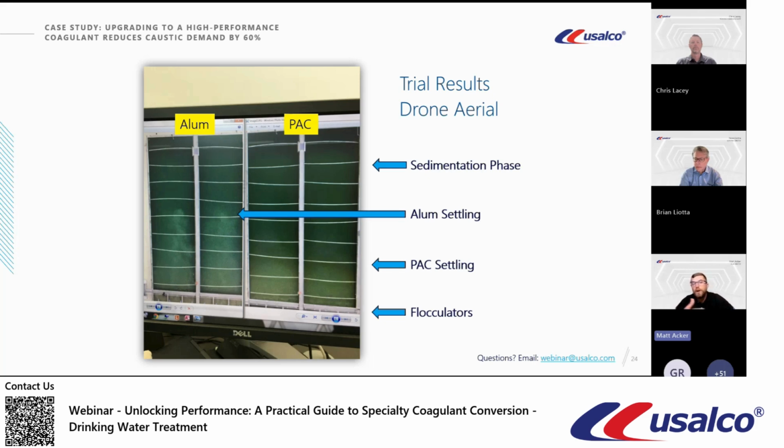With the PACl, or polyaluminum chloride, we reduced the amount of metal salts generated, and because of the way the PACl settles versus the alum, operations now takes it out of service about every quarter, and it takes them less than a shift. So right there, we've saved some operational costs, which we weren't able to capture in the jar tests.